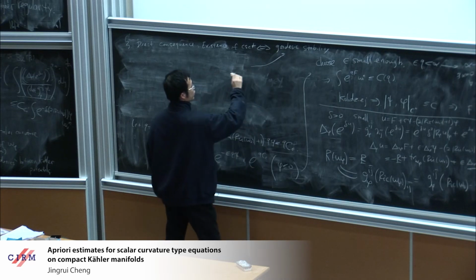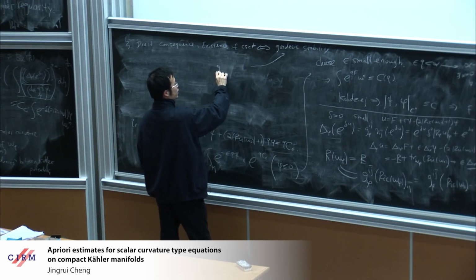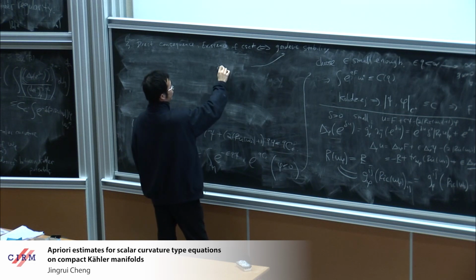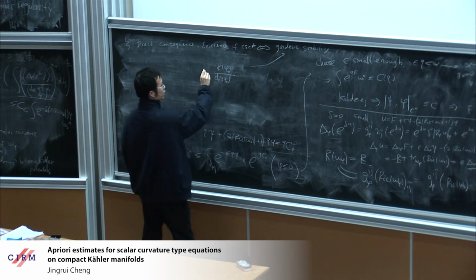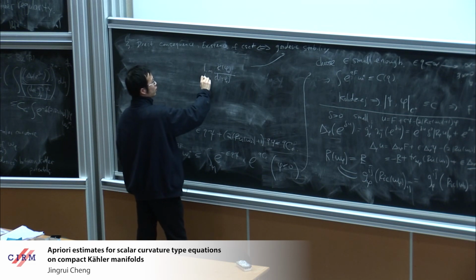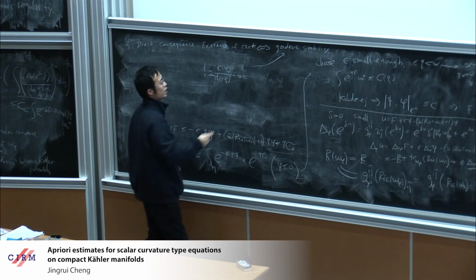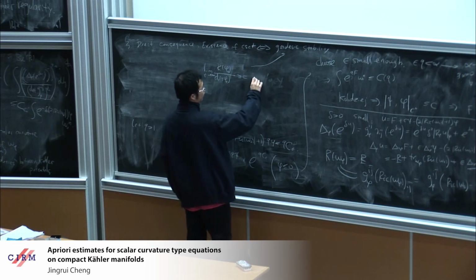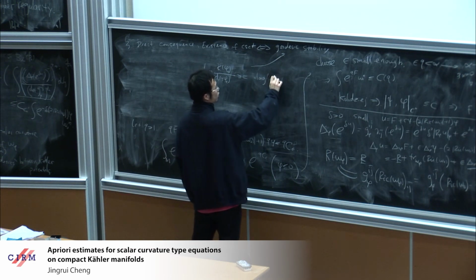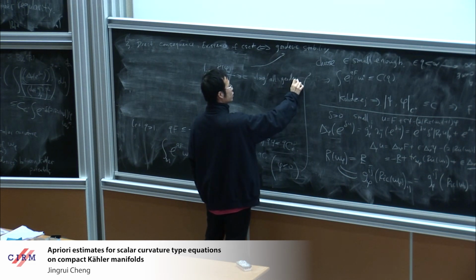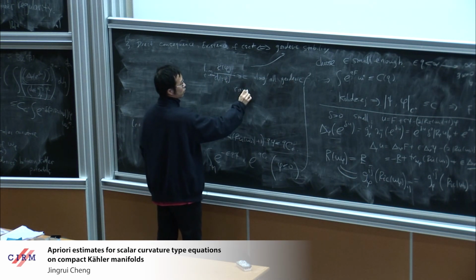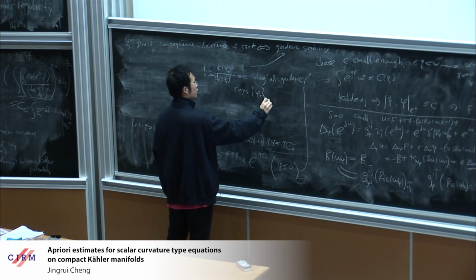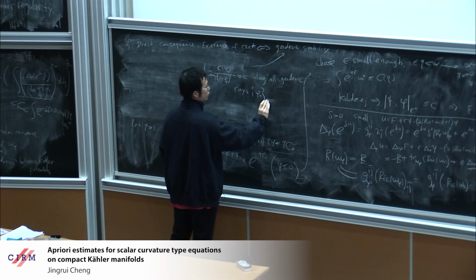Roughly speaking, it means that the K energy over the distance, phi t as t tends to infinity, has a lower bound. Here t is from 0 to infinity.